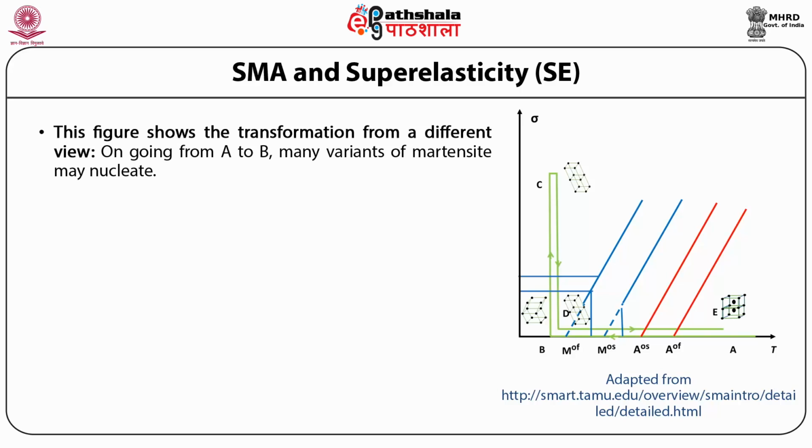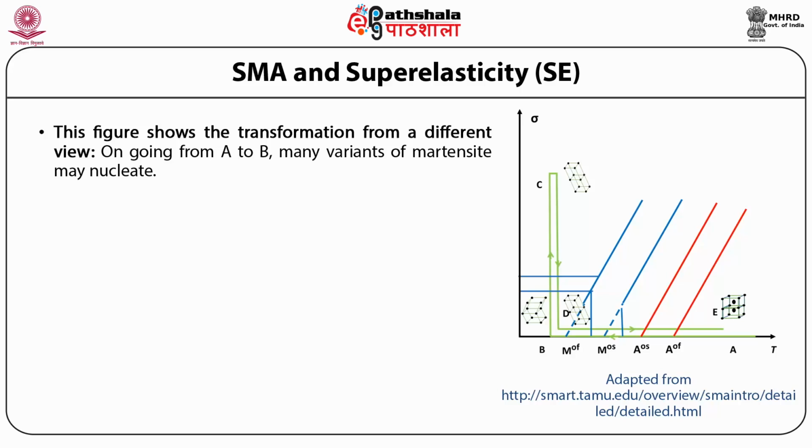So students, note from this figure that on going from A to B, the parent phase gets completely transformed to Martensite phase. During this transformation, many variants of Martensite may nucleate and grow.